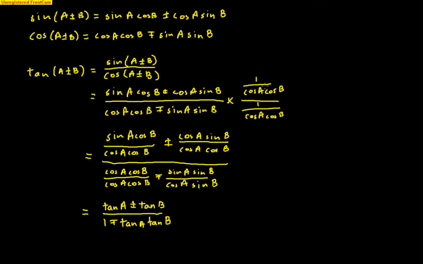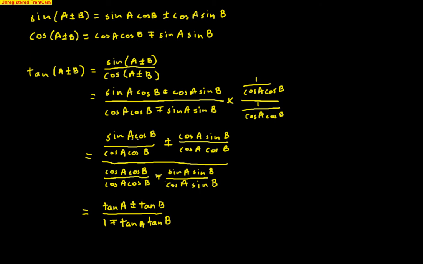We can't change anything, so we have to multiply both the top and the bottom by 1 on cos A cos B. It starts to look a little bit messy here. For sine A, we have to multiply everything on the top by 1 on cos A cos B, so they go to the bottom line of each term.